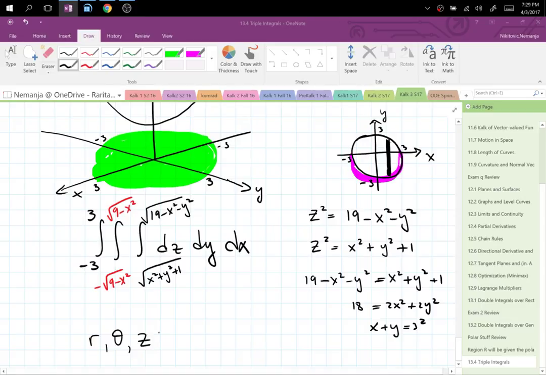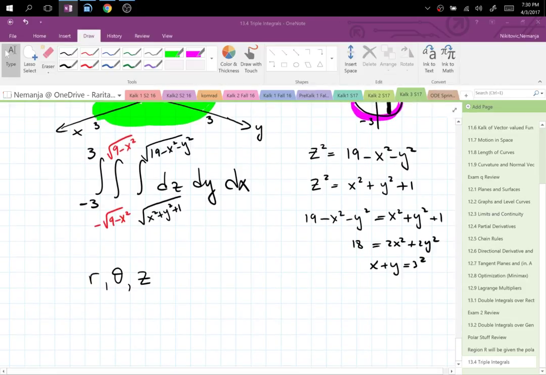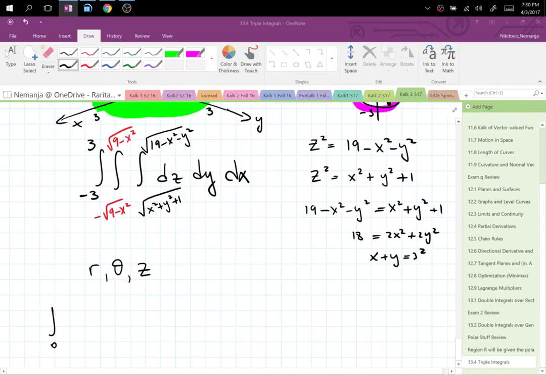And you will transform this integral into a very simple integral, which we will see in the next lecture: 0 to 2 pi on theta, 0 to 3, and then this one would be square root of r squared minus 1 to square root of 19 minus r squared, dz r dr d theta, and it's a joke to work with this from that point on.